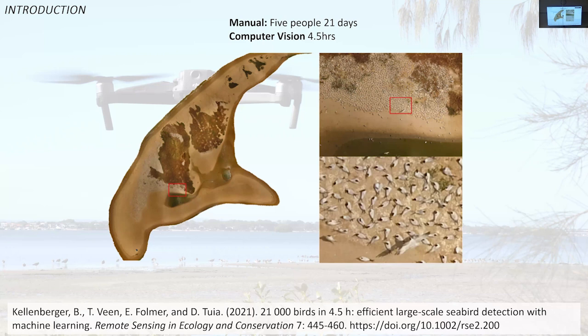For example, they can aggregate in really large groups, or they can inhabit inaccessible areas. So in those cases, we can use technology to overcome those barriers. For example, we can use aerial surveys, but manned aircraft surveys can be expensive, they can be logistically difficult, and they can be dangerous as well.